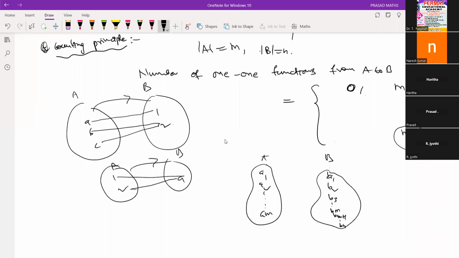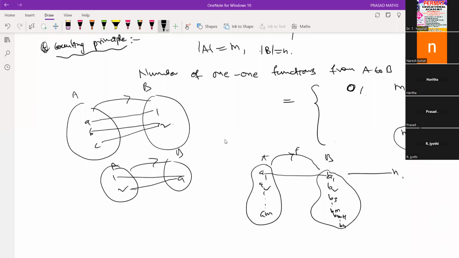So for a1 we can have n choices. a1 can be assigned to b1, b2, b3, bm, bm plus 1, up to bn. So for a1 we have n choices.